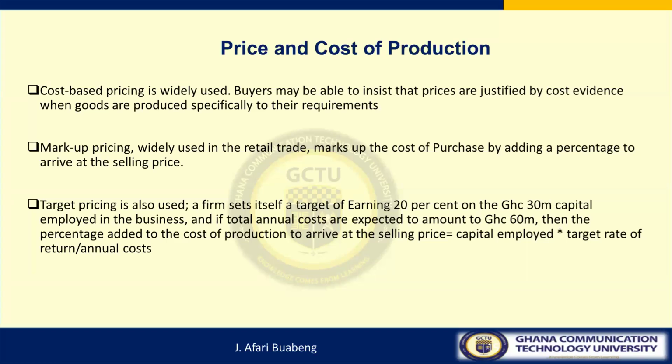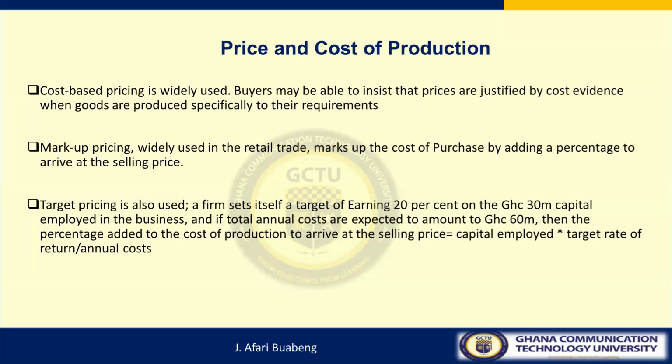Because manufacturers are not charity organizations, they are business people. So if the cost of producing an item, for instance, is 10 Ghana cedis, you don't expect a supplier to sell their final product lower than the 10 cedis.